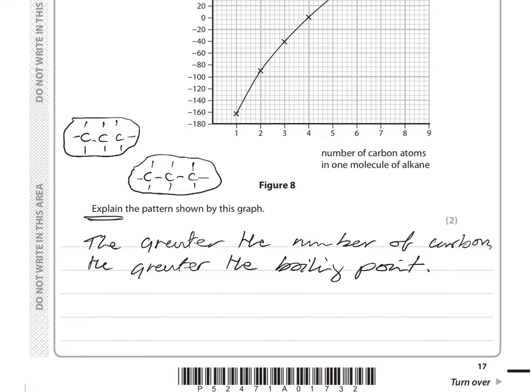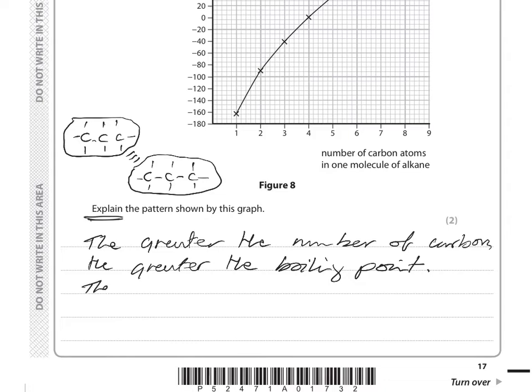Yes, the carbons are held by covalent bonds, but between the molecules you've got intermolecular forces. Now the key thing is, as the carbon chains get bigger, the intermolecular forces between the molecules get bigger, and therefore the boiling point increases.